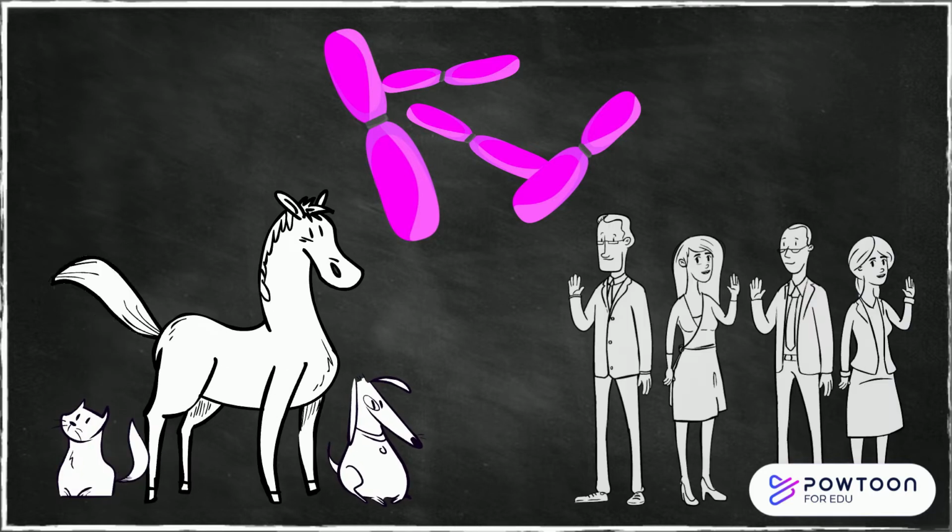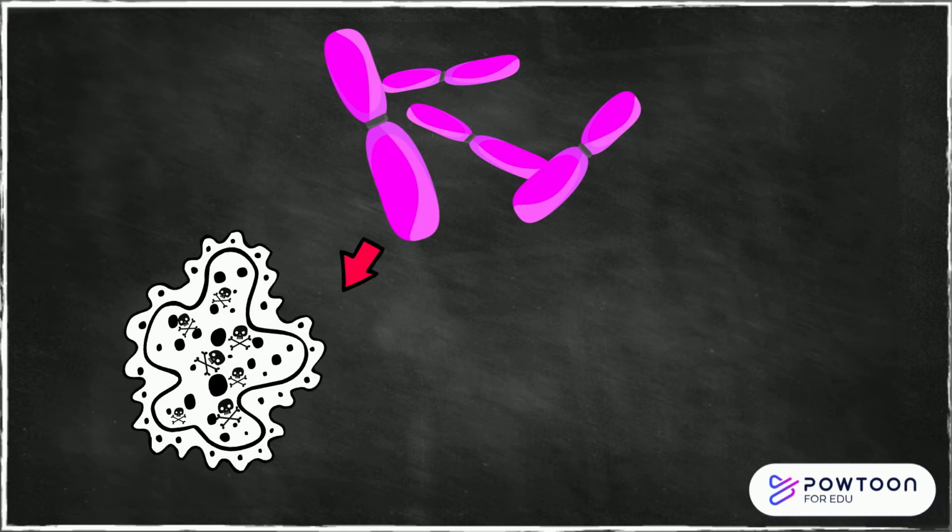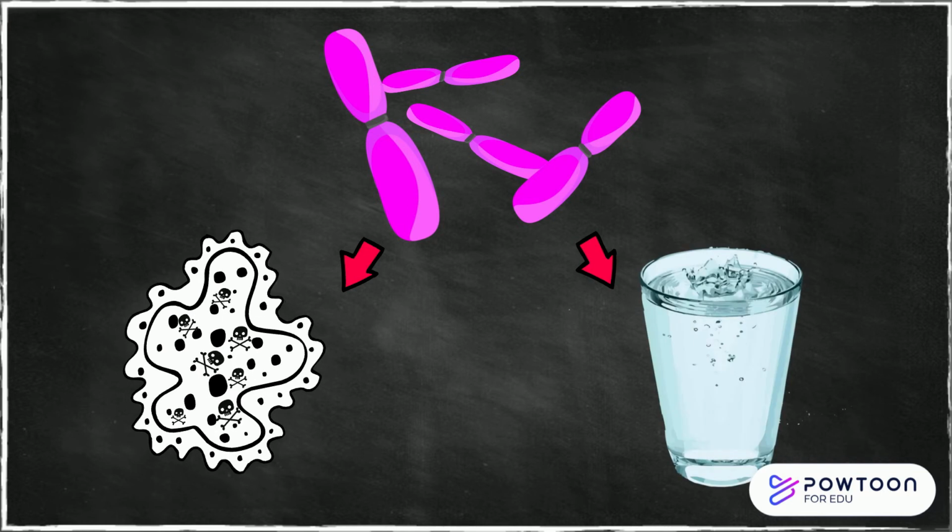Coliform bacteria are organisms that are present in the environment and in the feces of all warm-blooded animals and humans. Not all coliform bacteria will cause illness. However, their presence in drinking water indicates that disease-causing organisms, or what's called pathogens, could be in the water system.